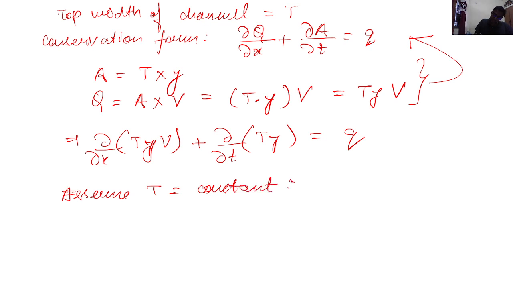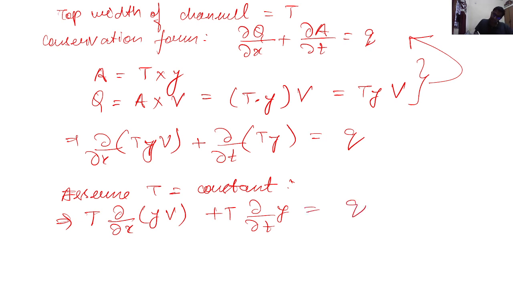Then we will get another form of the continuity equation: del by del x of yV, taking the constant top width outside, plus del by del t of y, T again constant, is equal to q.